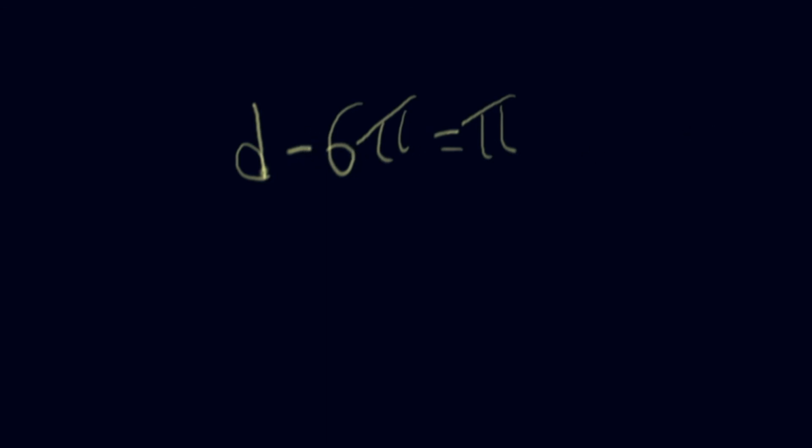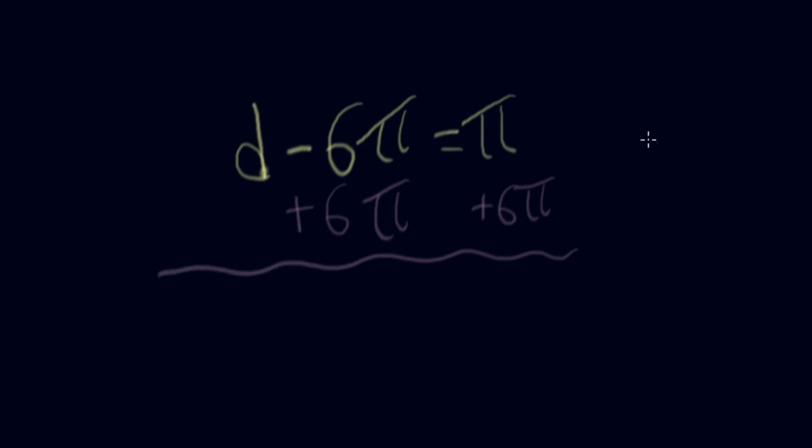What's the opposite of negative 6 pi? Well, positive 6 pi. So I'm going to add positive 6 pi to both sides. And what's 1 pi plus 6 more pi's? You might start getting hungry. It's 7 pi. That's your answer. It seems kind of weird leaving it like that, but that's your answer for that.